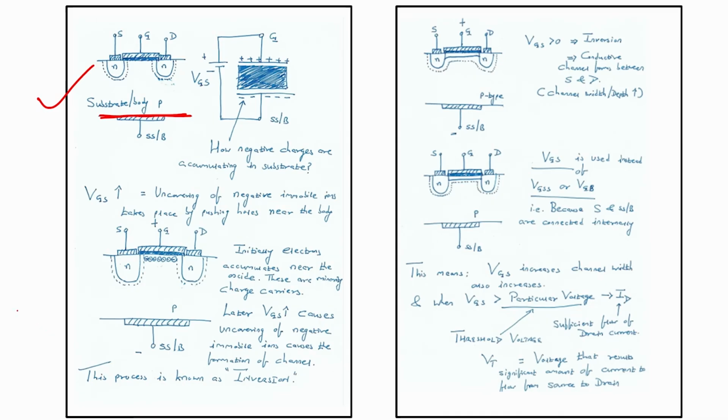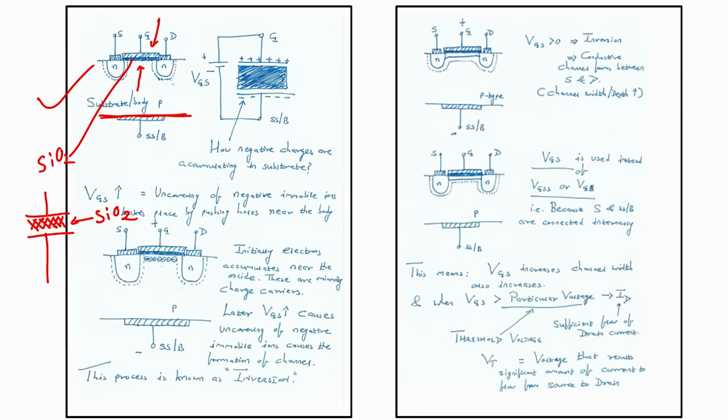Now, what will happen? There is a metal here, there is conduction in this region, and this is your oxide. That means it looks like you have two conducting plates separated by an insulating material, and this insulating material is your silicon dioxide.